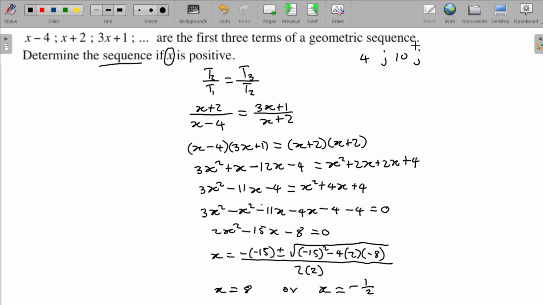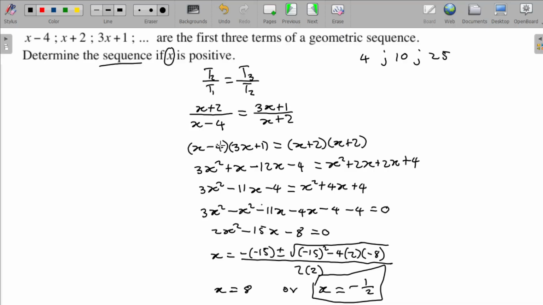And then 3 into 8, and then plus 1, I'm going to have it as 25. So this is going to be a sequence. If x is positive, meaning we don't consider this one, we only consider it when the x is positive.